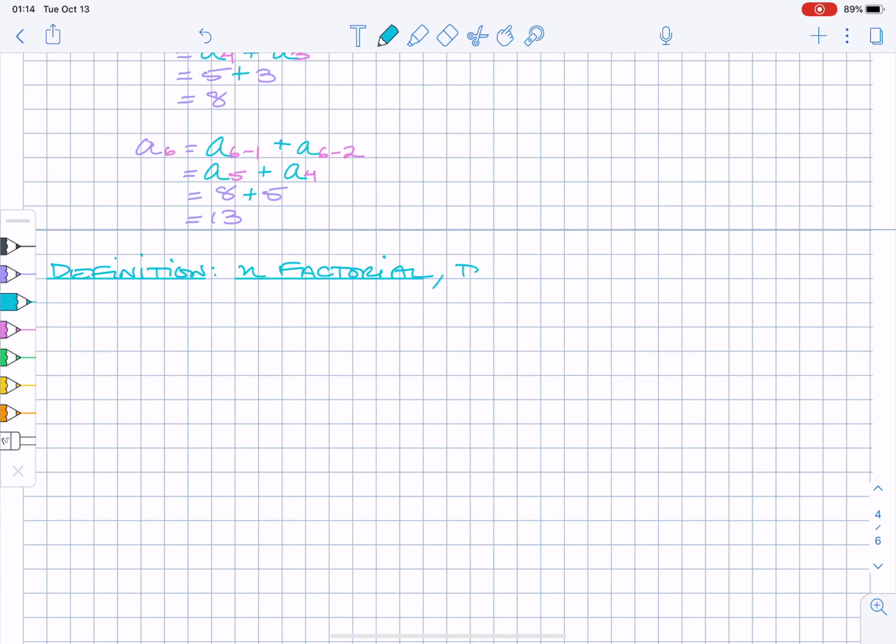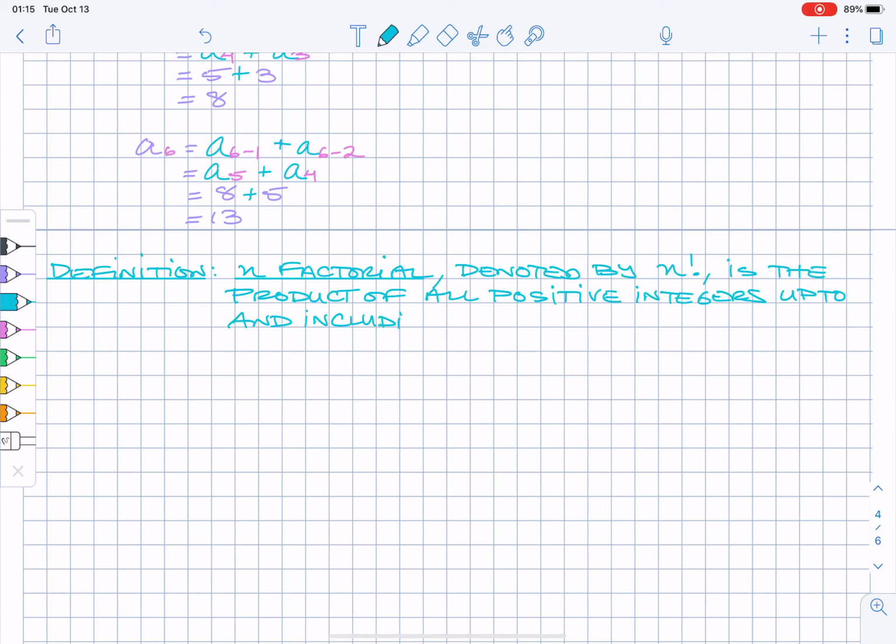Denoted by n with an exclamation point is the product of all positive integers up to and including n.